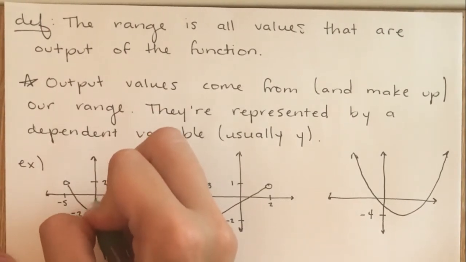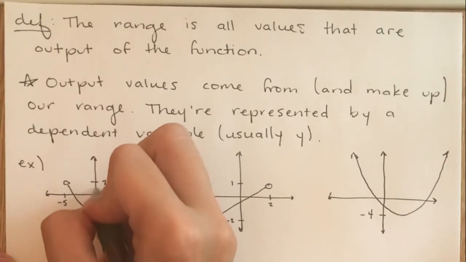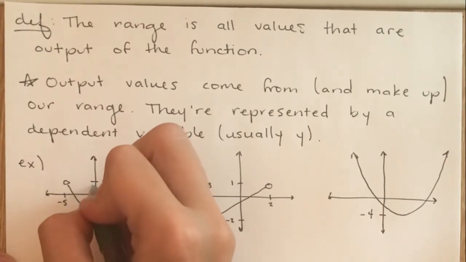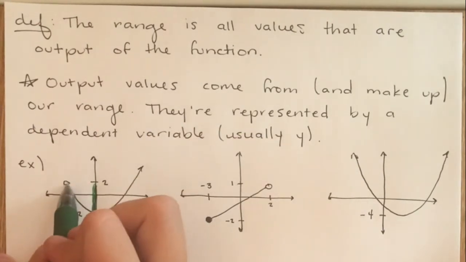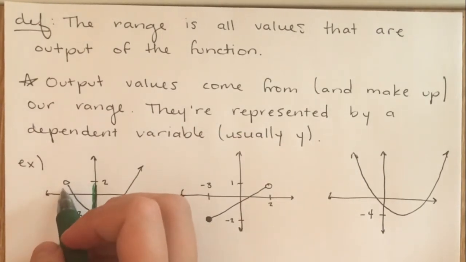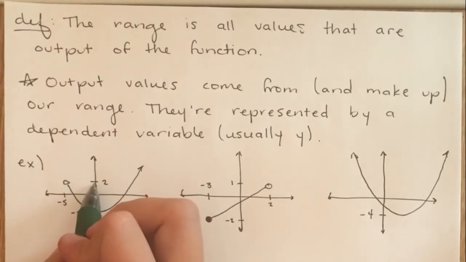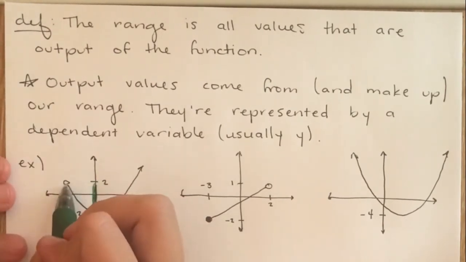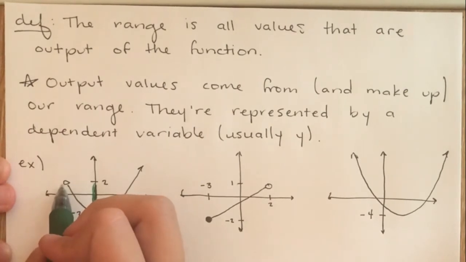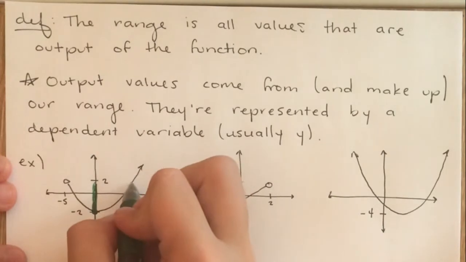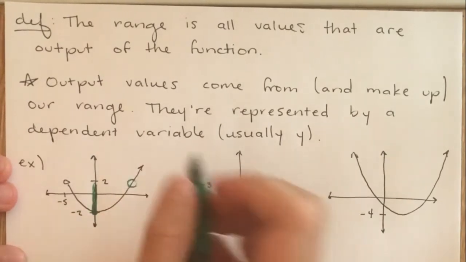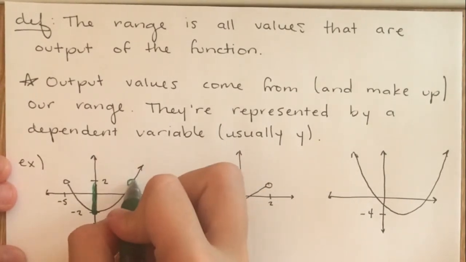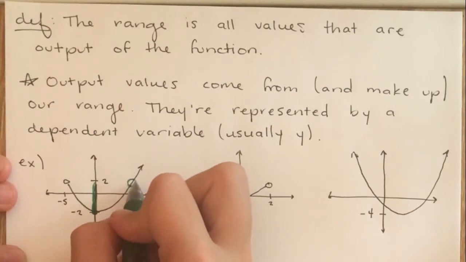The next time we have something going on, all of this clearly has function next to it. We've got something interesting going on at 2. We have this open point. If I have that open point, does that mean that 2 has no function associated with it? No, because we do have an output value of 2 over here.